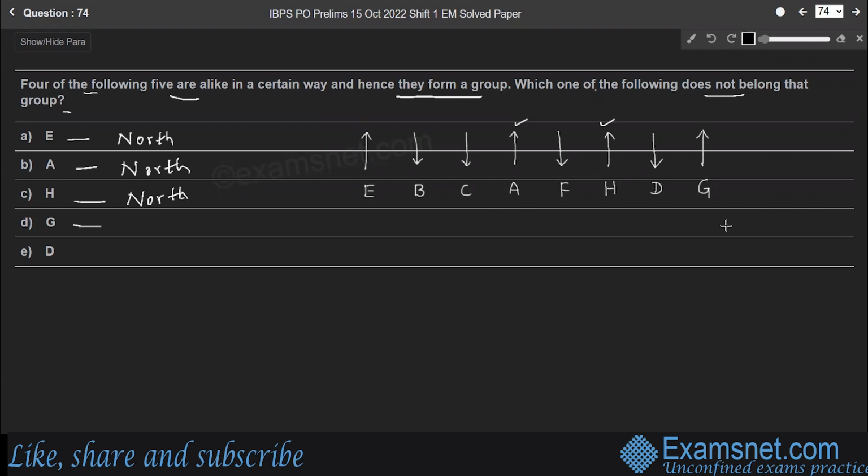Whereas person G is also facing north direction. And D, person D is facing south direction. Except D, all are facing north direction. Therefore, person D does not belong to that group, right? Therefore, option E is the answer.